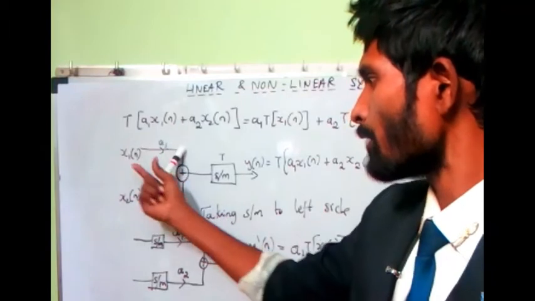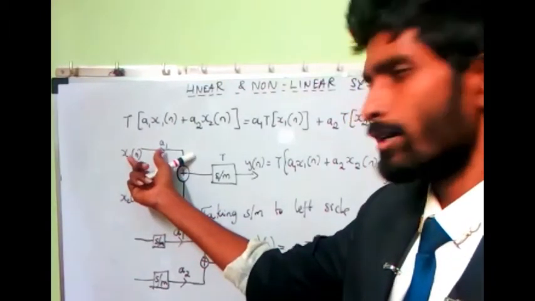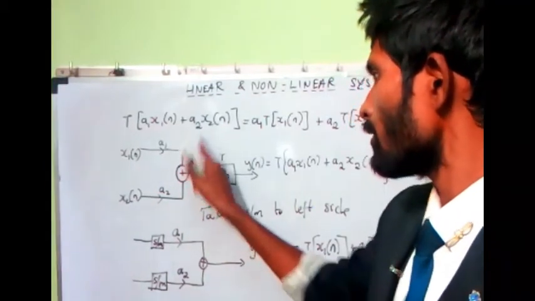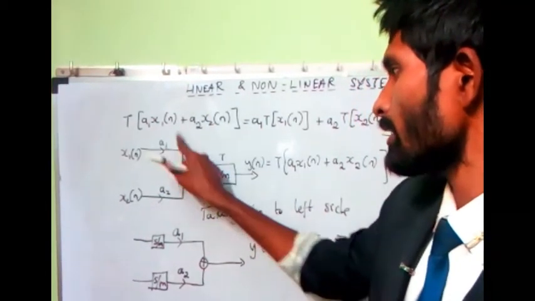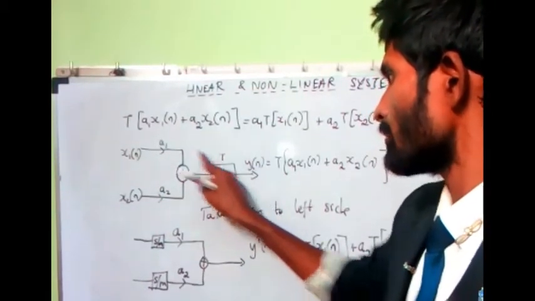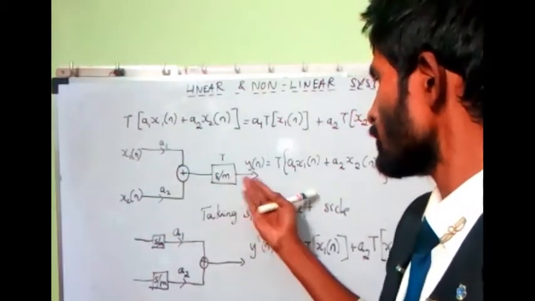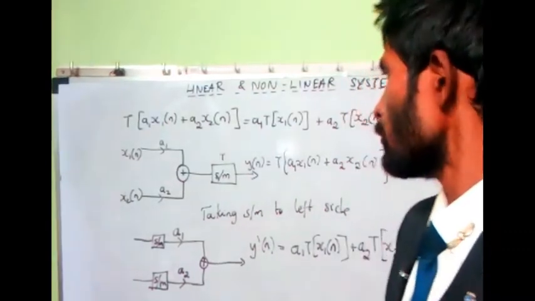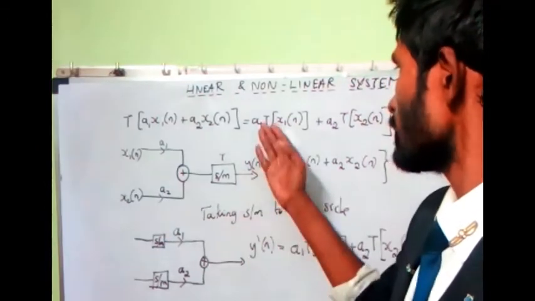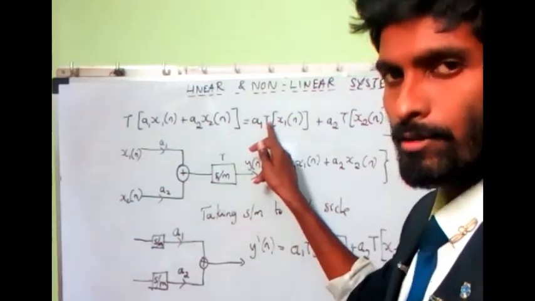After multiplication you get x1[n] times a1 and x2[n] times a2, and these are added together and then go through the system T, which then gives the output. Now I represent this once again. Look here, T represents the system.